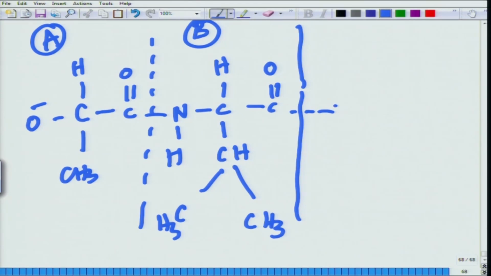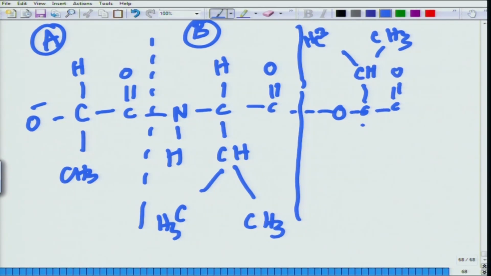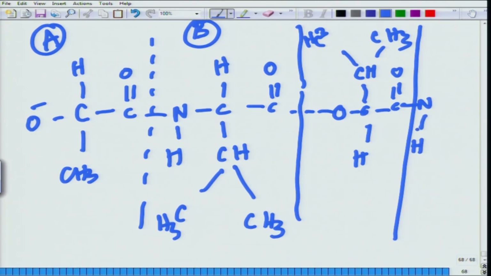Then you have the C molecule, which is oxygen, C, CH, CH3, CH3, C double bonded with O, H, this is C, and there is another one here, NH, CH, C double bonded with O, CH, CH3, CH3.